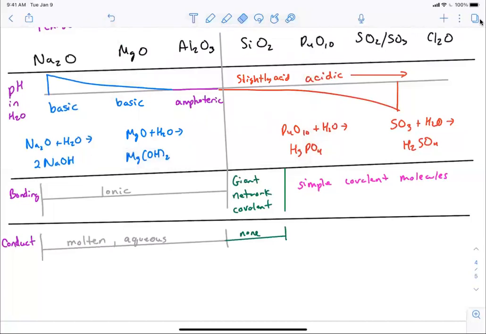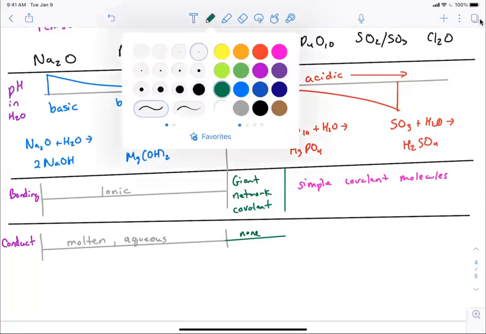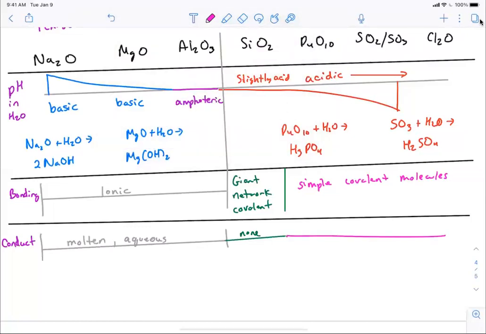Actually, you know what? I guess we can just draw it all the way across here. For your covalent structures, there's no conductivity.